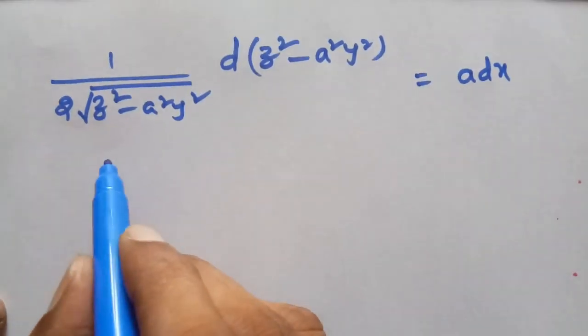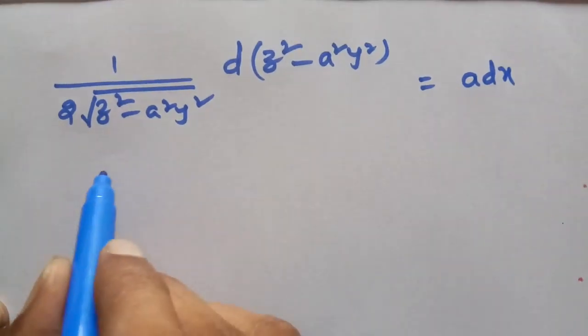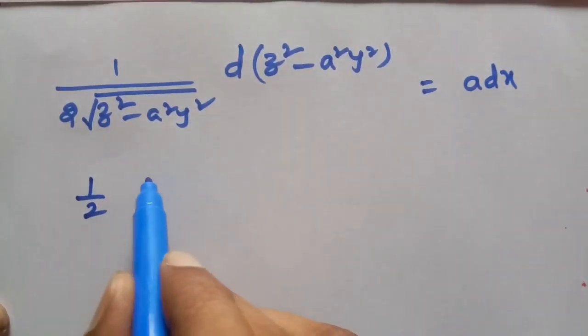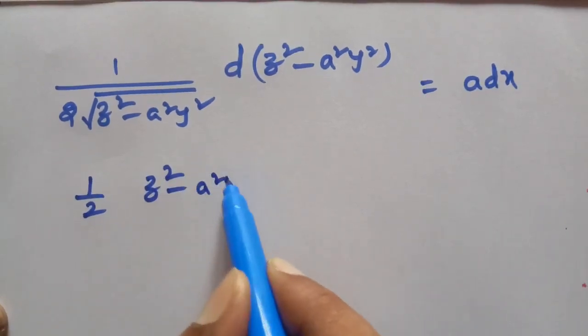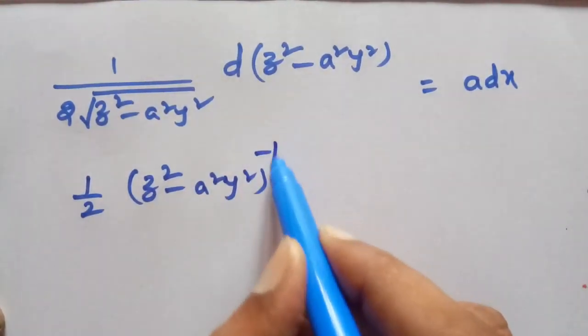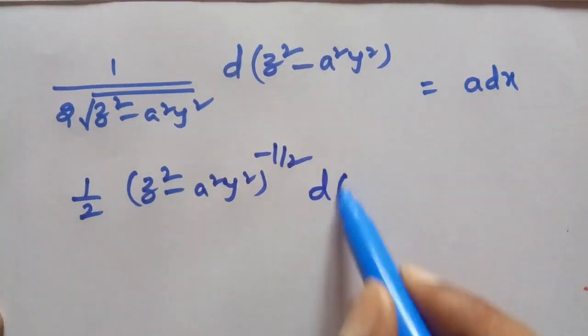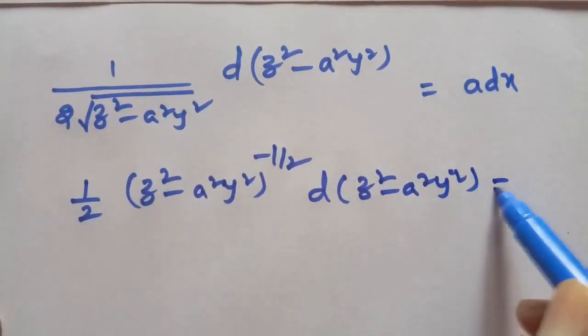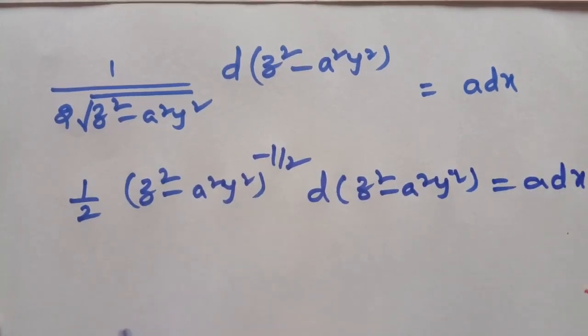Therefore, this can be written as 1 by 2 into z square minus a square y square whole to the power of minus 1 by 2 into the derivative of z square minus a square y square is equal to a into dx.